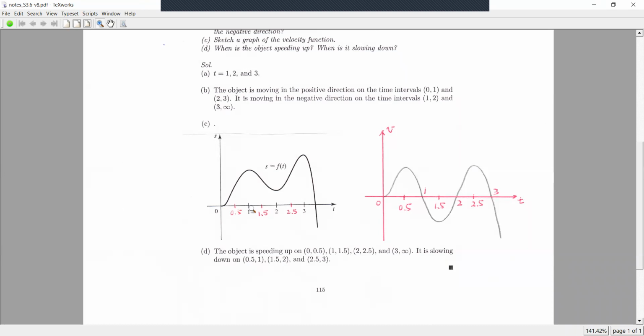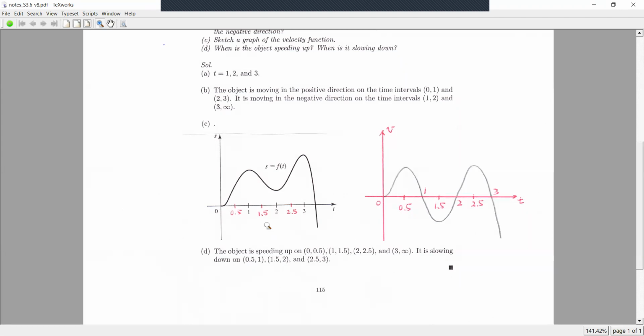Between 0 and 1, the slope of tangent line at any point is positive. So the graph of the slope between 0 and 1 looks like this curve. Suppose the slope is the largest when time is 0.5.